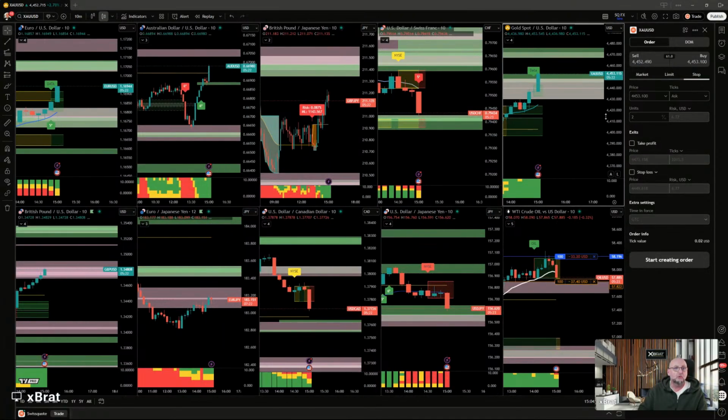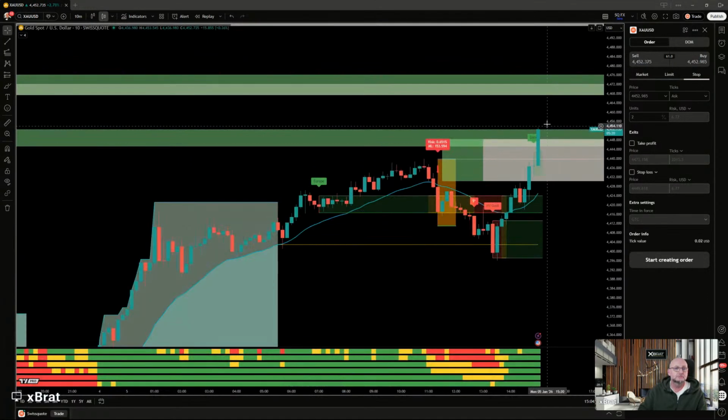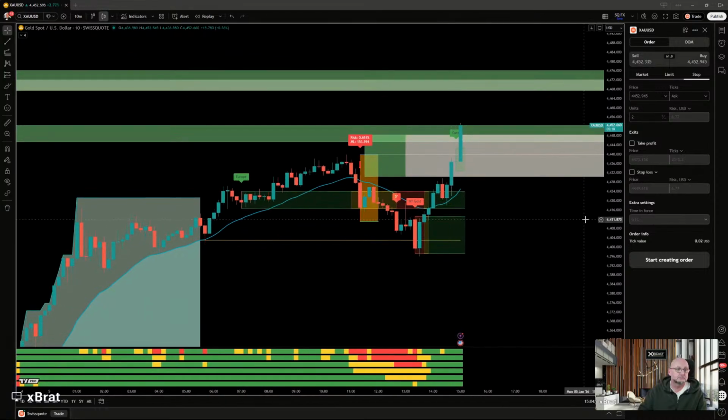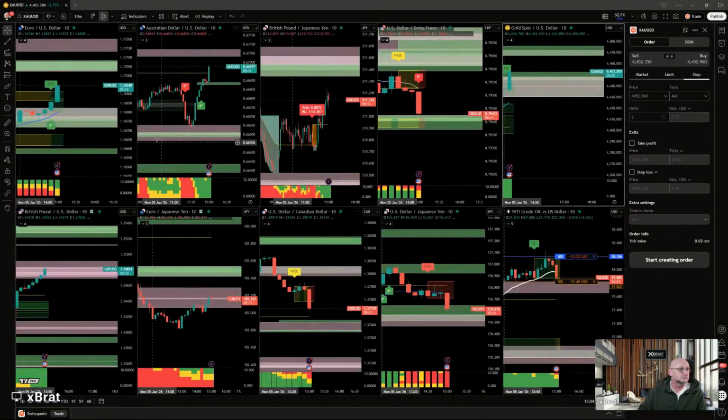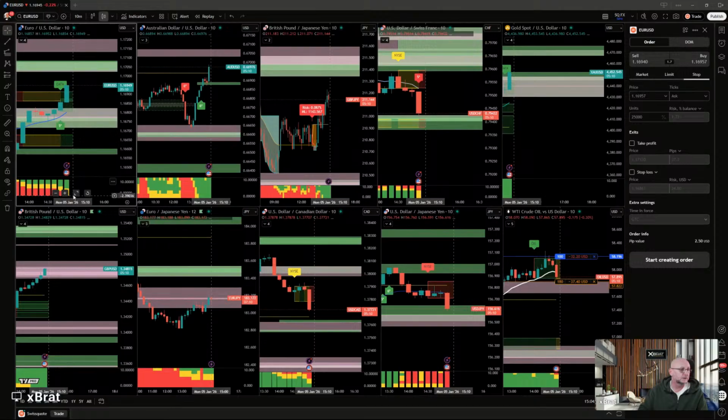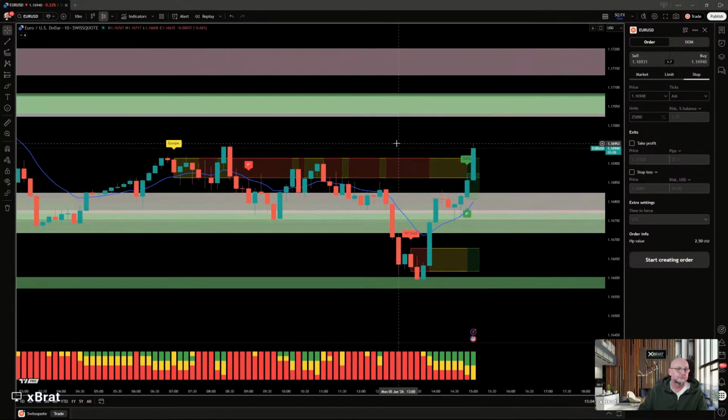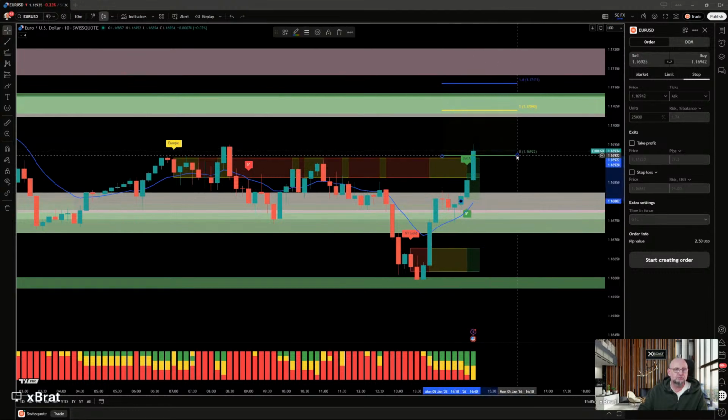Look at that gold. And euro US dollar. There's just not a great deal of room up there. Stop would have to be all the way down here. So our risk reward, in theory, would have been around about 1 to 0.9 or something like that.